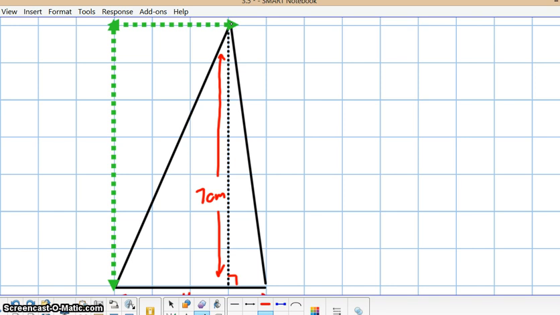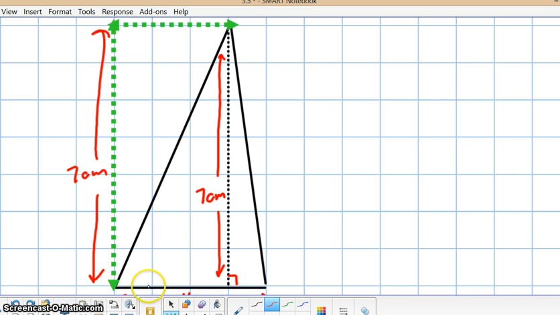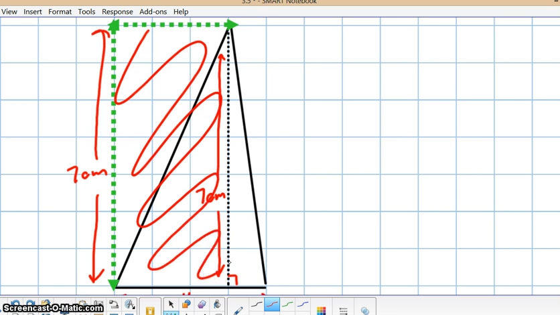Again, you don't have to draw this, but can you see now that this height here is also 7 centimeters, and the base here still remains 4. So actually, this rectangle or parallelogram is 28 centimeters squared.